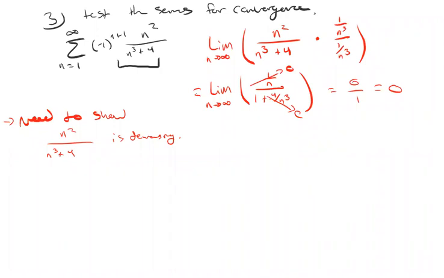Okay, so we need to show that this is decreasing. Well, the easiest way to do that is with calculus. So we consider f of x is x squared over x cubed plus 4.